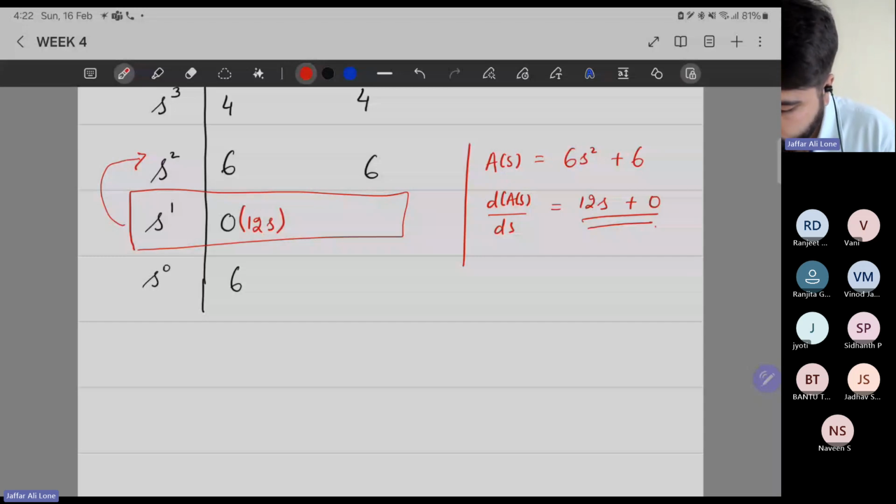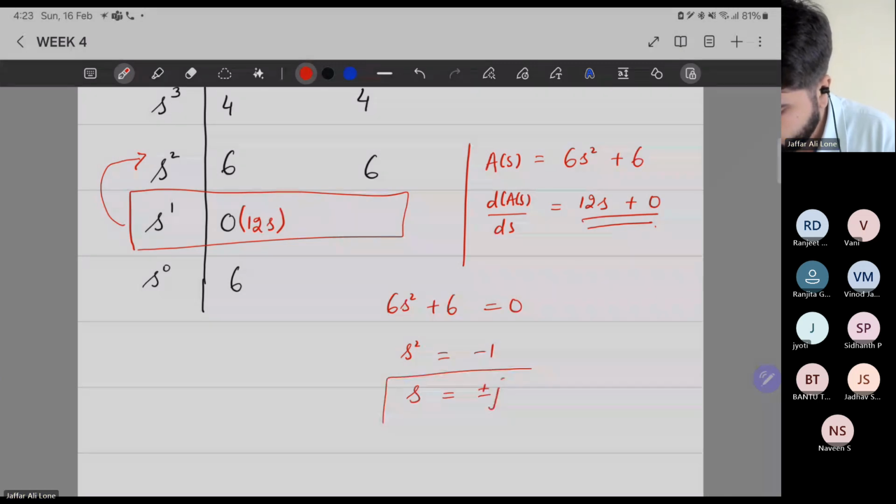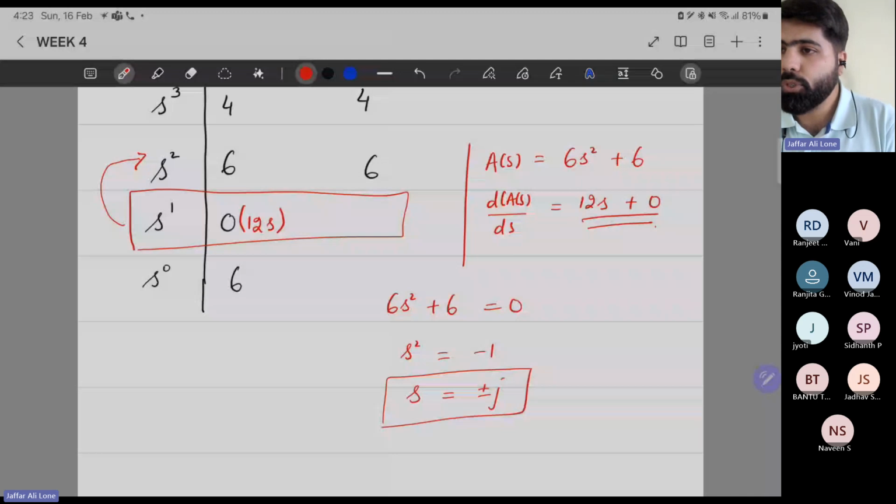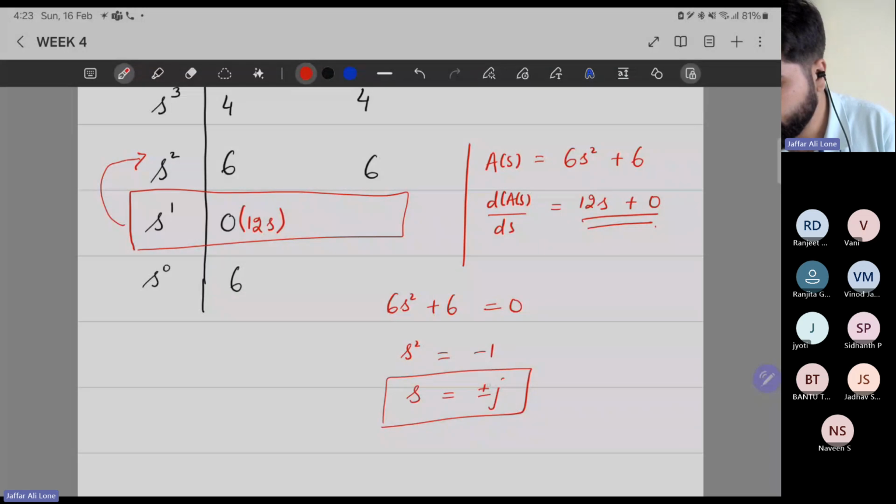See, so the auxiliary equation is 6s square plus 6 equal to 0, or s square is equal to minus 1, or s is equal to plus minus j. Right? So the roots of the auxiliary equation are plus minus j. So we know that those roots which are on the imaginary axis are plus minus j.